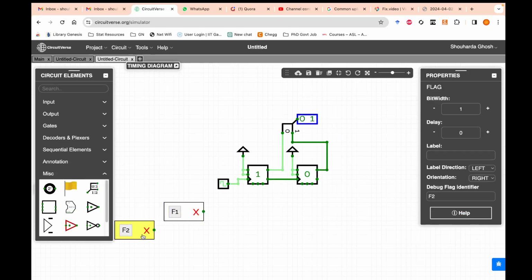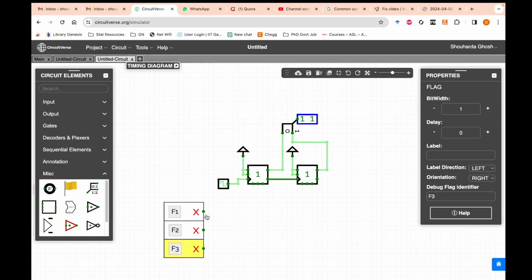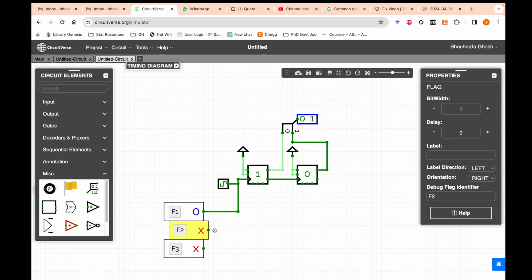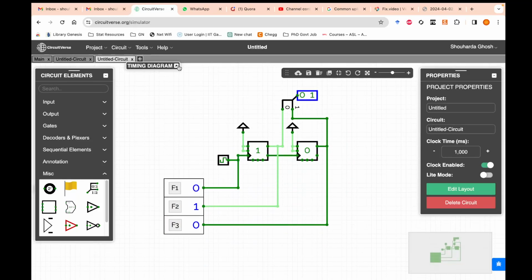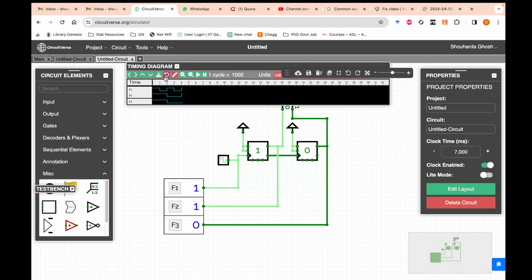I use these flags over here. So the first one checks the clock, second one checks the output of the first flip-flop, and third one checks the output of the second flip-flop. Now I look at the diagram and I reset it, and I create a bit higher clock period.